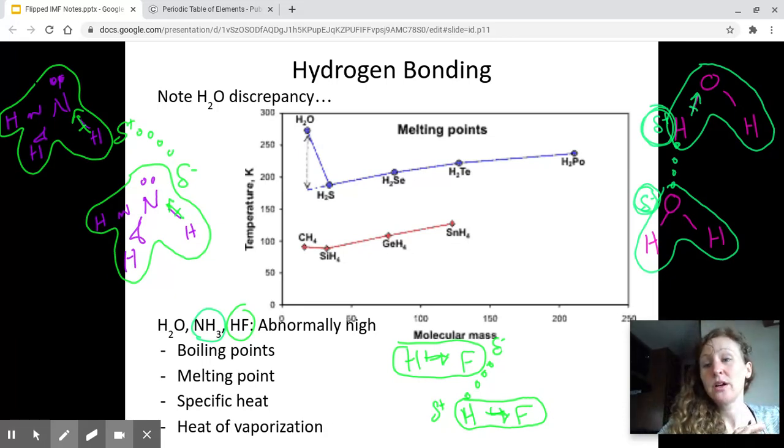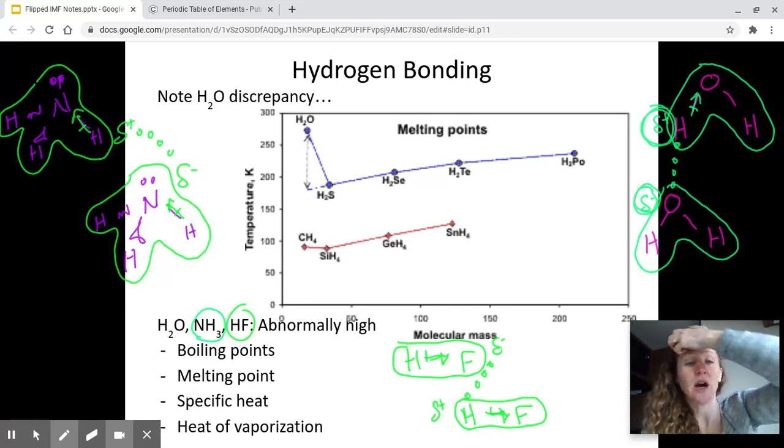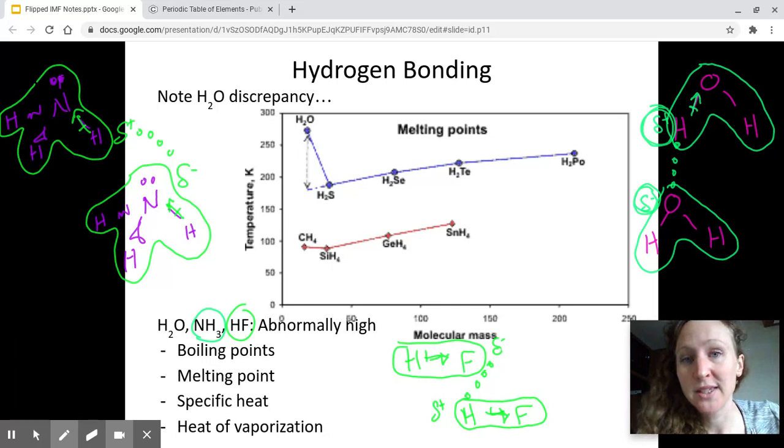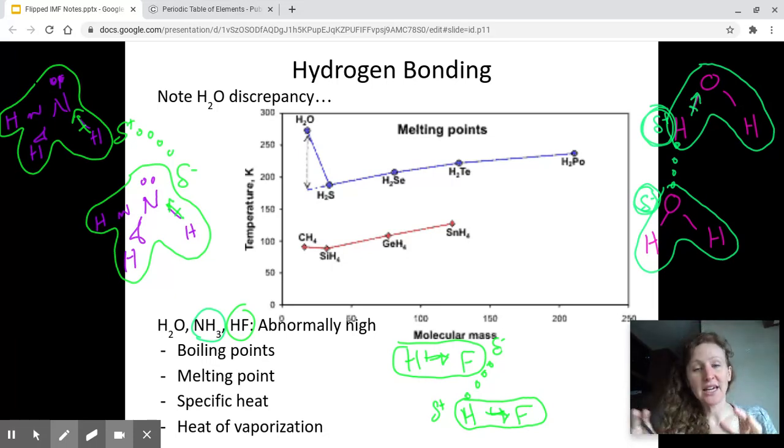Now, the three examples I'm showing you are pure substances, but you can also get mixtures. You can get water attracted to ammonia. You could get hydrogen fluoride dissolving in water. You could be talking about a mixture as well. But in any case, hydrogen bonding is going to be from the hydrogen on one molecule to oxygen, nitrogen, or fluorine on the other molecule.